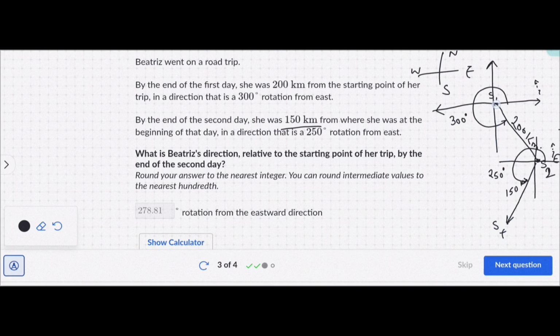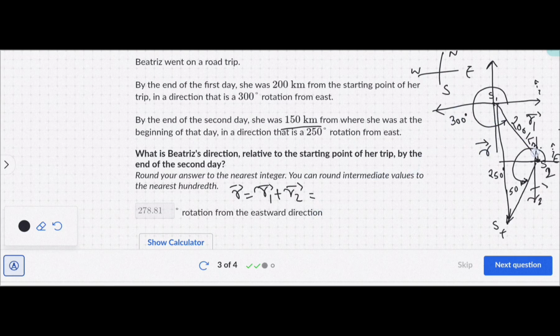Now we want to find this vector. You can see this is a vector addition, only triangular vector addition. This is R1, this is R2 vector, this is R vector. So R vector is R1 plus R2 by triangular vector addition.